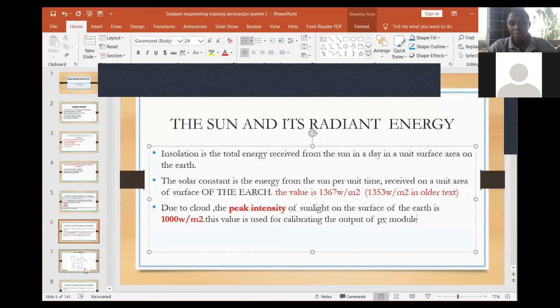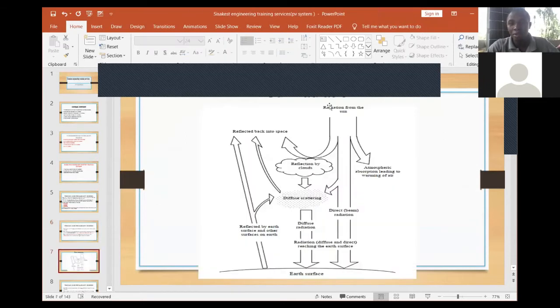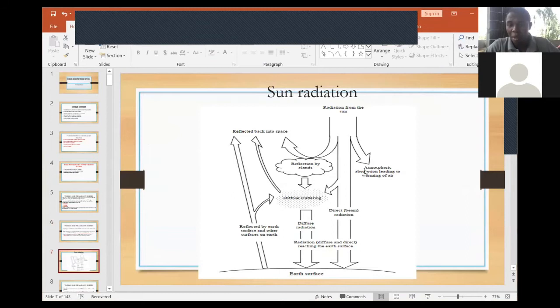Now, radiations from the sun can be absorbed, can be reflected, and can be filtered. Some areas are blessed to receive something called beam radiation. Beam radiation is radiation that was not distorted by anything. It just came directly from the sun to the surface of the earth.